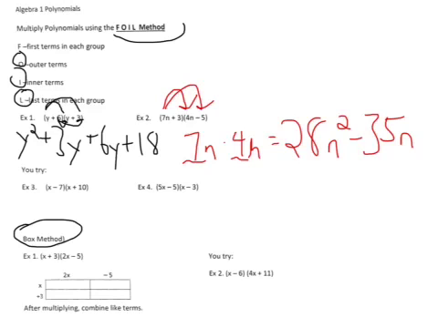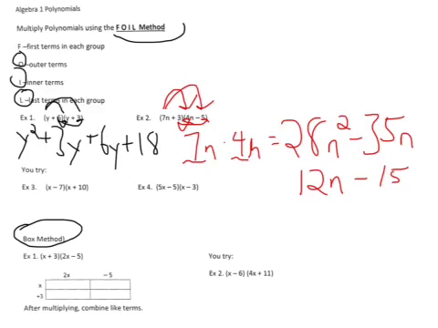Next is my inner, 3 times 4n. And running out of space, so I'm going to do that beneath. 12n. And lastly, 3 times negative 5, which is going to be negative 15. So this is my new foiled multiplied binomial.